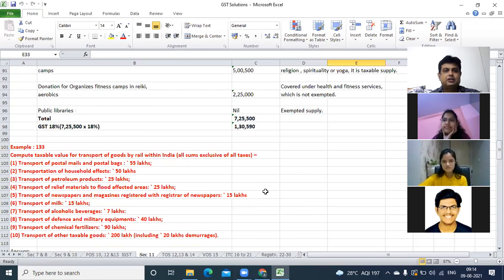चलो next. Very nice. This is regarding transport वाला. तो चैरिटेबल ट्रस्ट से हम लोग आगे बढ़ गए अभी. By rail within India.